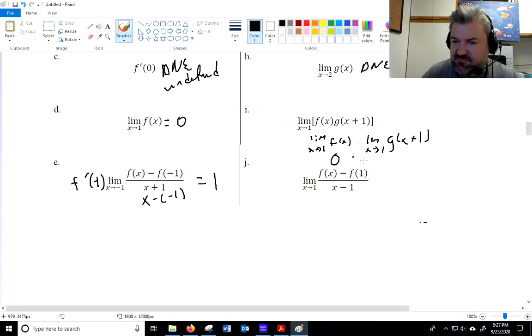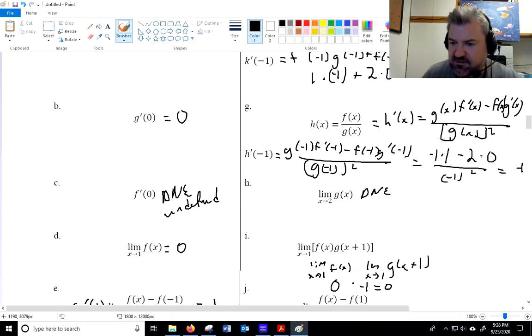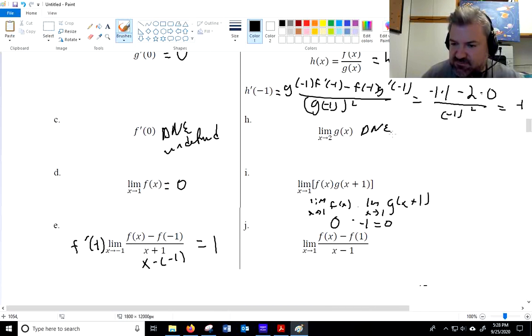Well, as I come from the left, it's going to be negative 1. But what's 0, the limit of f of x, times negative 1? Well, that's 0, right? Well, what about when I approach 1 from the right? So that would be when I plug in 1, it's 2. So I'm coming at 2 from the right. Well, in that case, it would be 0 times positive 1.